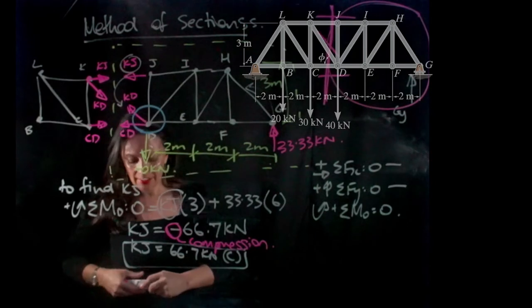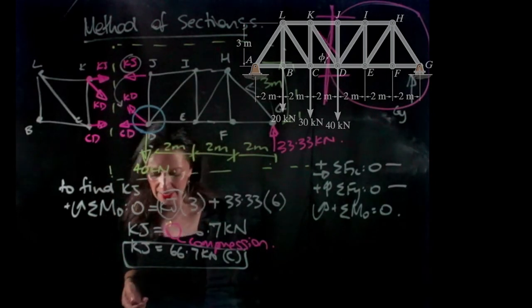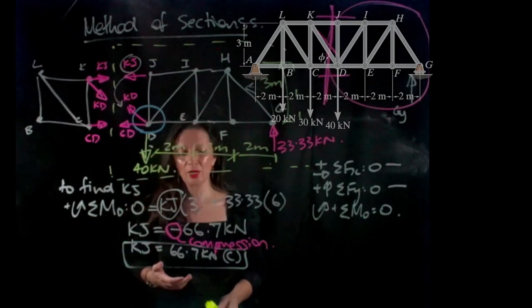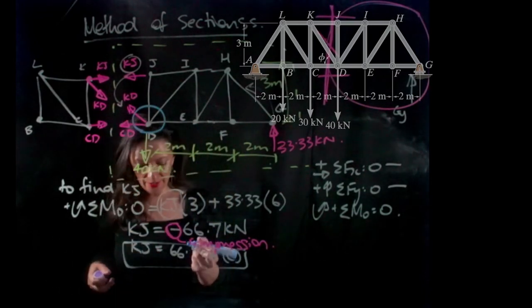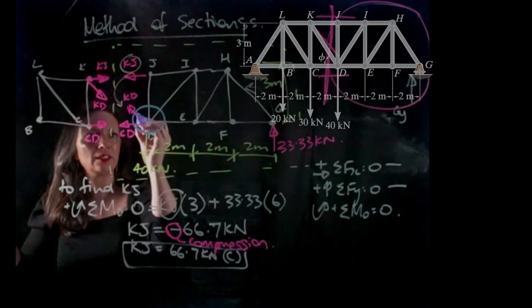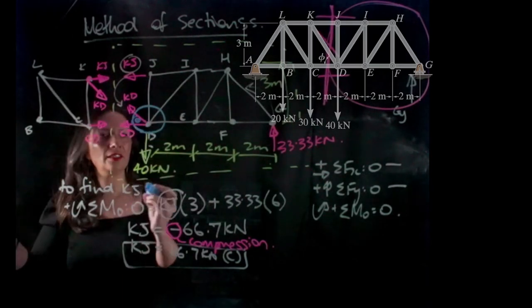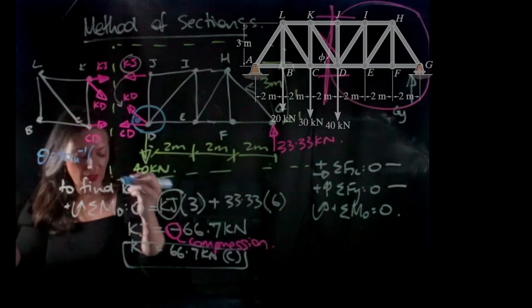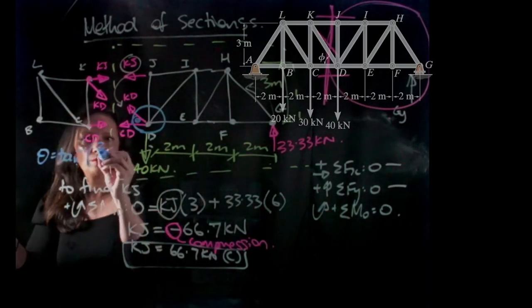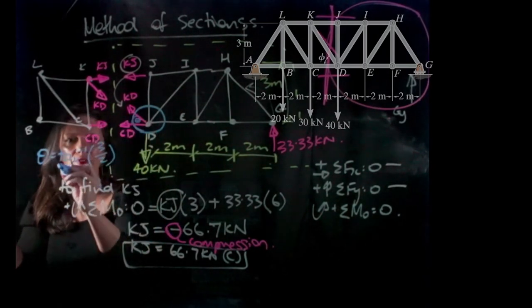So KD needs to be broken up into its x and y components. So let's just do that. And we have an angle here of theta, and theta equals tan to the -1 of 3 on 2, which you can just calculate from geometry.